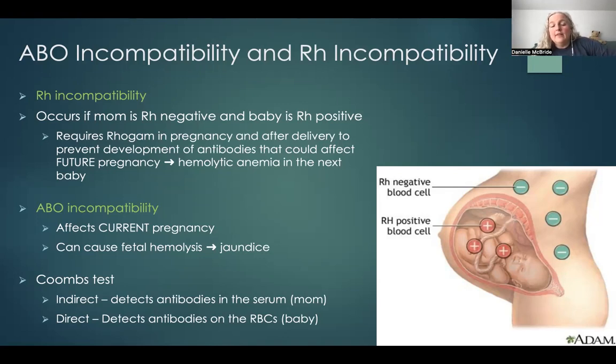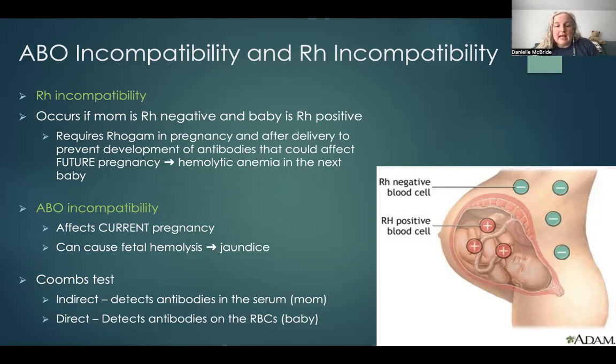And so this is not as severe as the Rh incompatibility. But if the red blood cells break down, they release bilirubin, and this increases the baby's risk for jaundice.